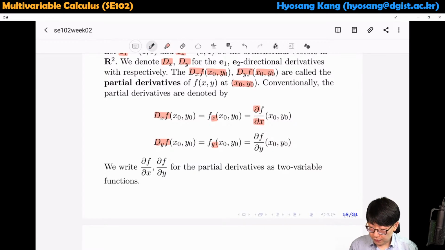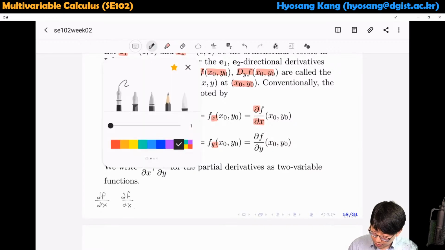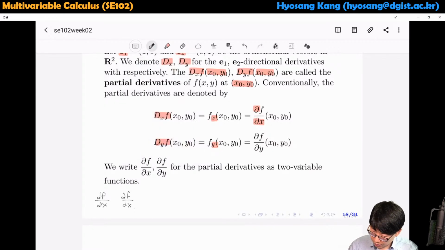So if you see this kind of notation in any formula, in any context, in any subject of study, there is a big difference between these two.